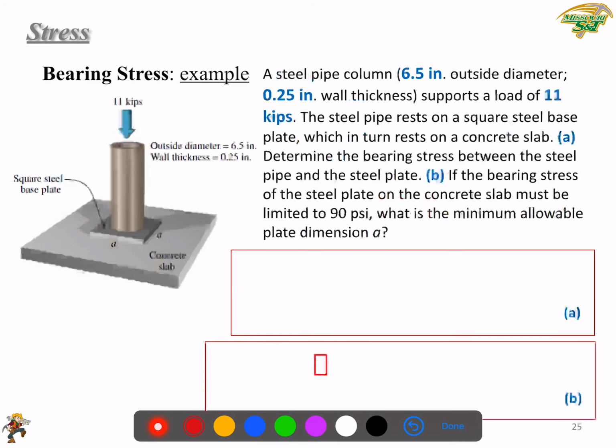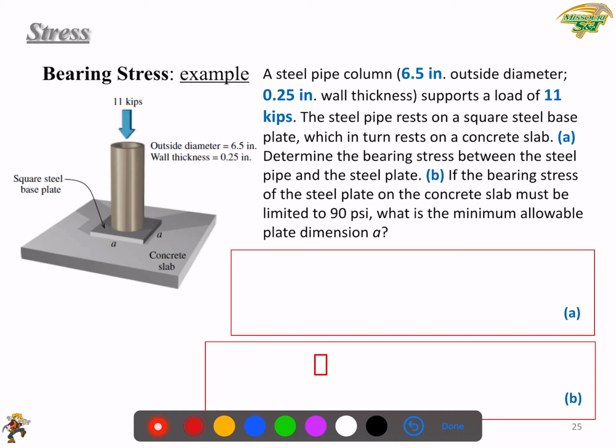Then a further example, this is not a bolt. In this example, we're dealing with a tube, a pipe, and a steel plate and a concrete slab. We just stack these three things together, and to analyze the bearing stress, you just need to find the correct interface, contacting areas between different components of this system.